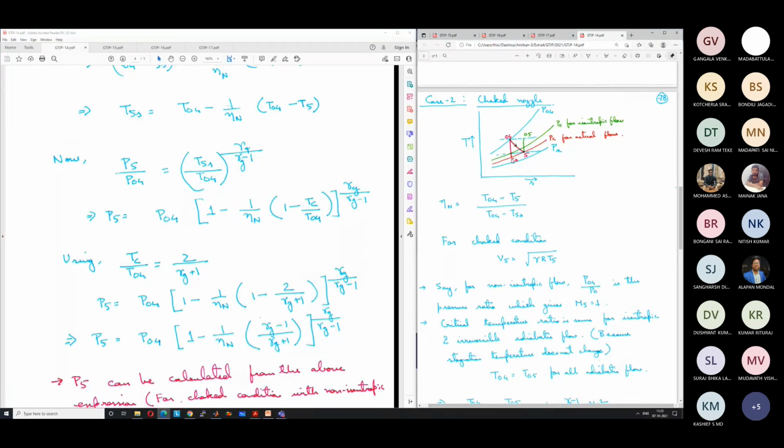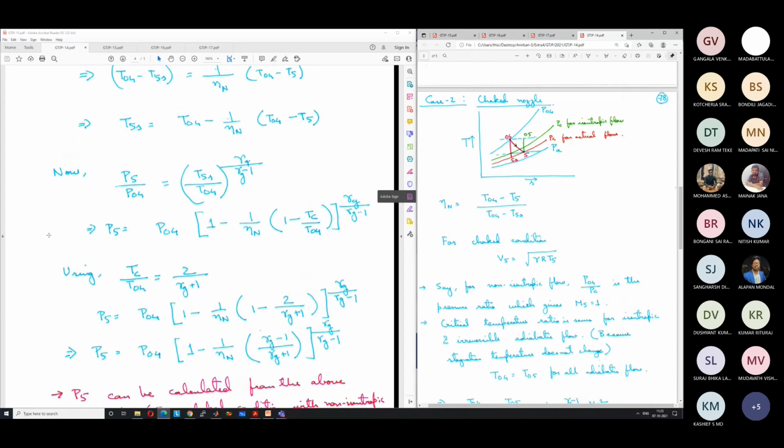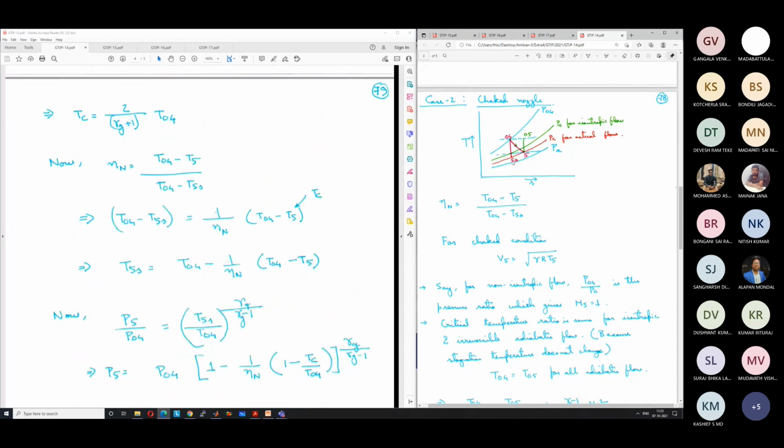So T5s is found based on the efficiency of the nozzle. Once you find T5s, we can use the isentropic relation between 04 and 5s, and because P04 is known, we can find out P5s. P5s is equal to P5, so we know the critical pressure. The critical pressure for the actual flow will be lower than the critical pressure for the isentropic flow, as you can see from the diagram.